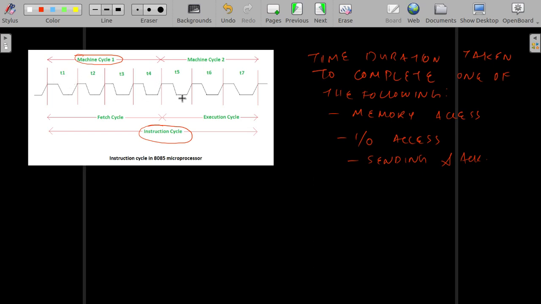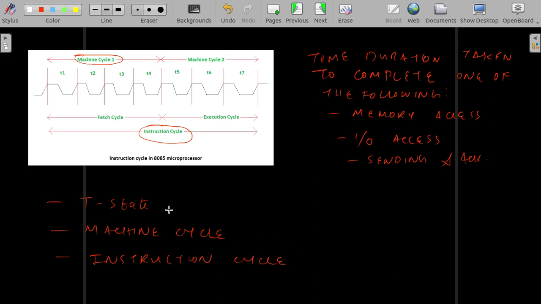are smaller divisions. From this figure we can identify three things: the T state, the machine cycle, and the instruction cycle.